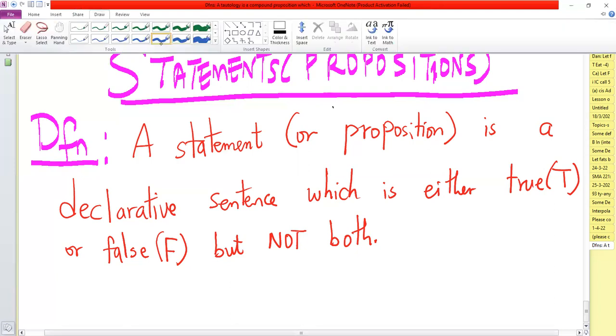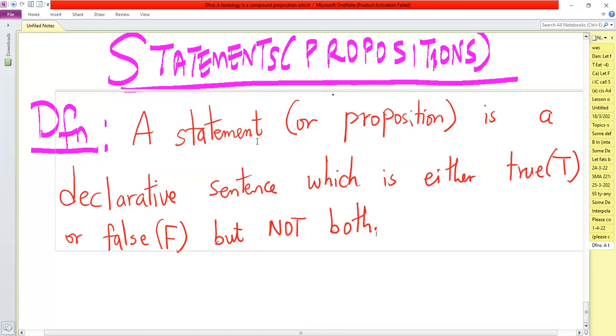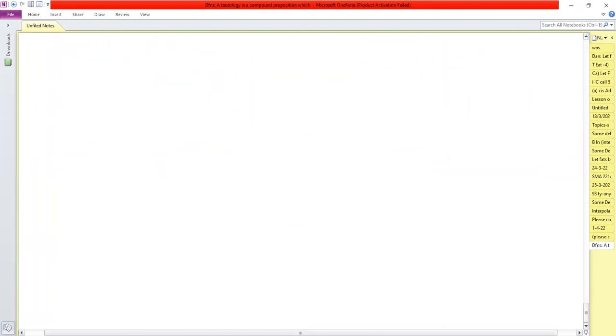Now, examples. Examples of propositions.